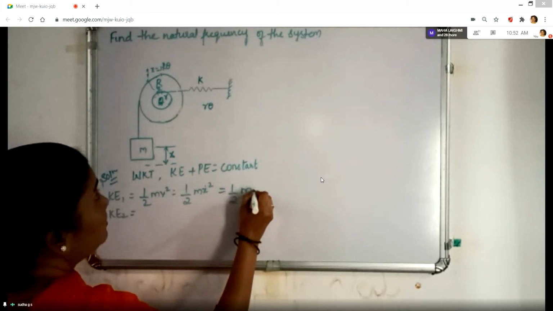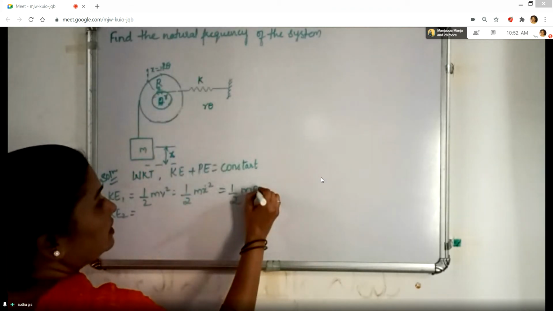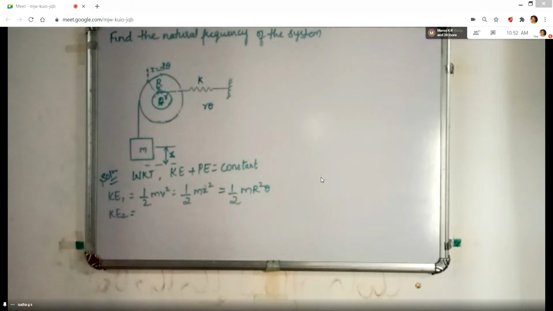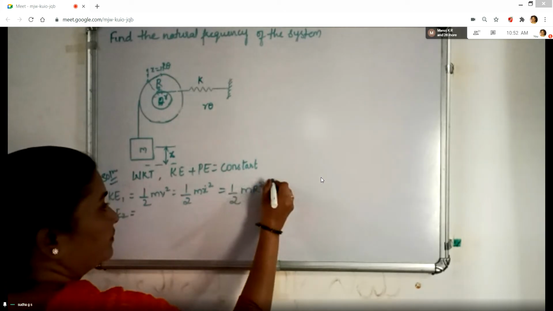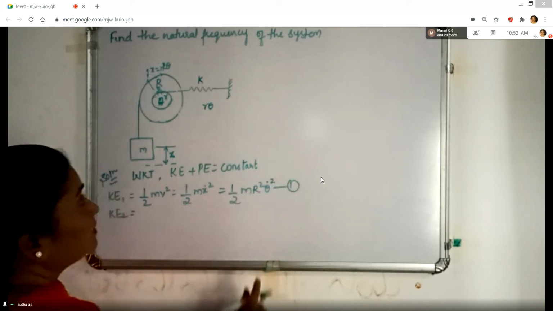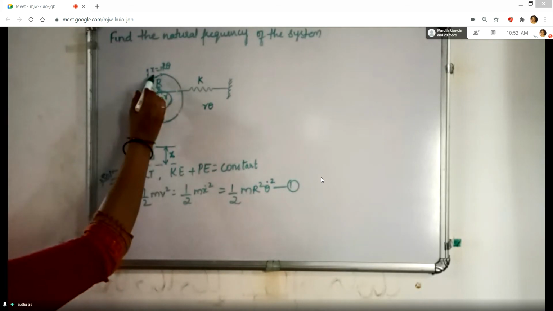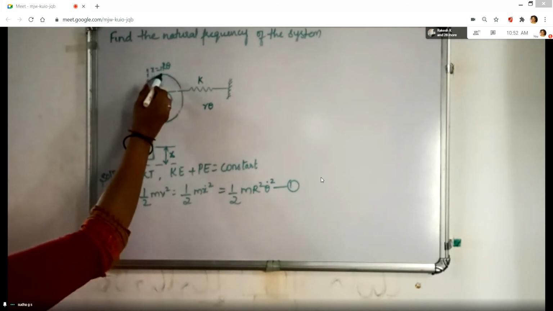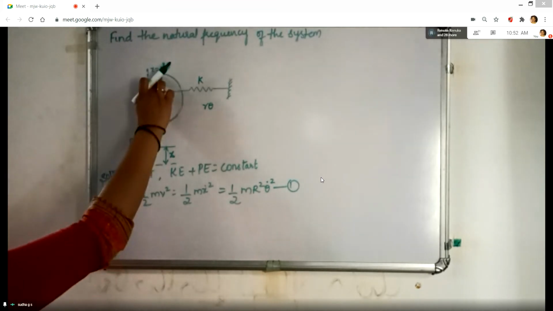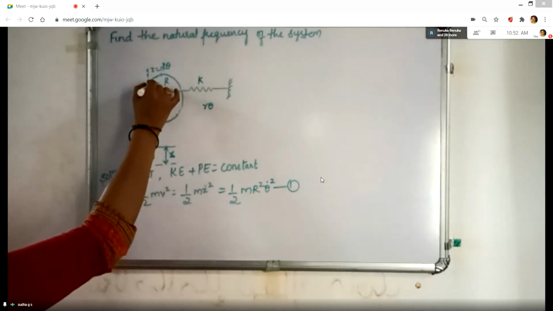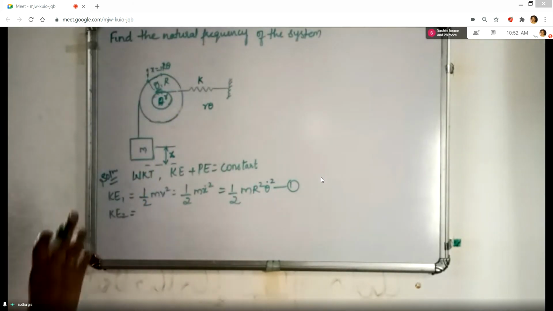Half m r square theta dot square. x is the displacement, so the horizontal displacement here is x, which is equal to r into theta, where r is the radius of the pulley and theta is the angular displacement.